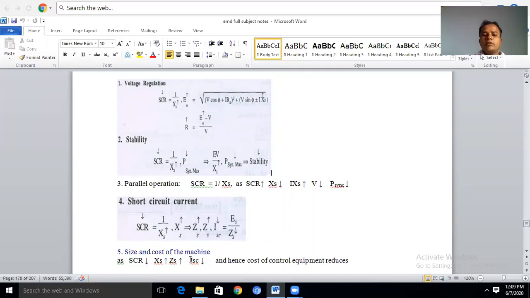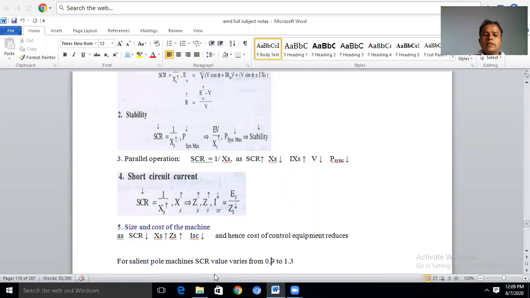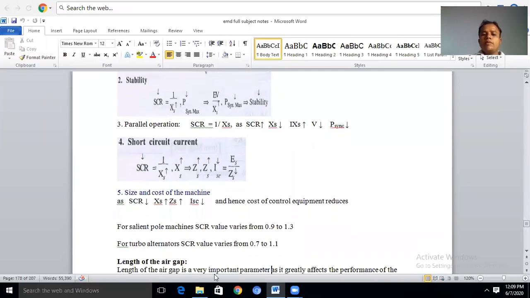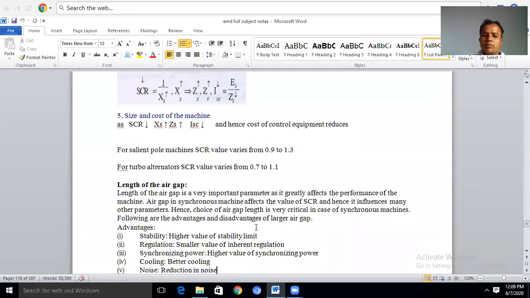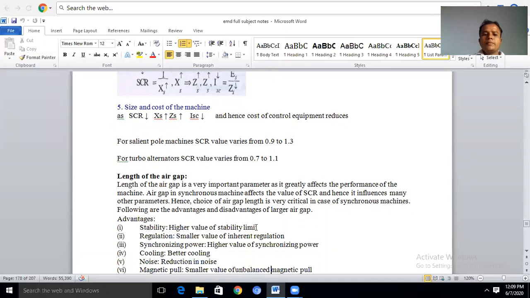And the size and cost of the machine: again, as SCR decreases, the cost of control equipment reduces. So for salient pole machines, the SCR value will be 0.9 to 1.3, and for turbo alternators, it is 0.7 to 1.1. So this is about the SCR.